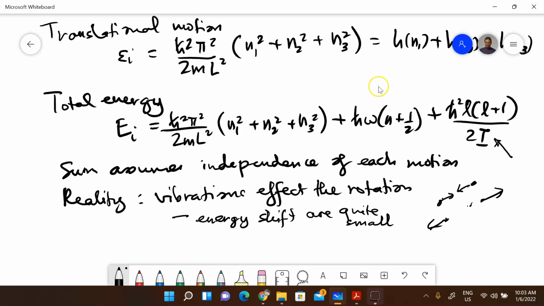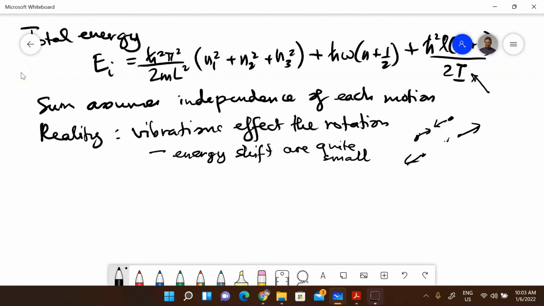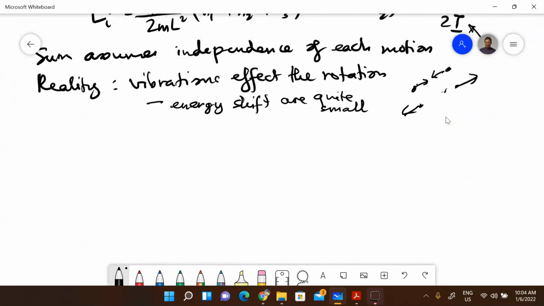Now one could try to put all these energy levels together and write a partition function. I'm going to push this again because my tab is quite small, so I need some writing space. The partition function can now be written as follows.